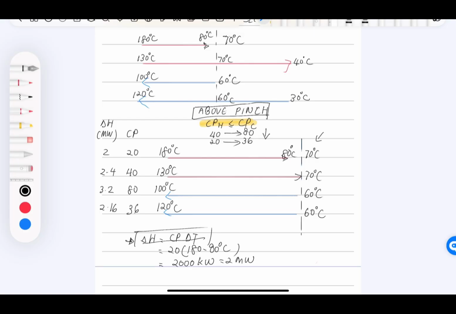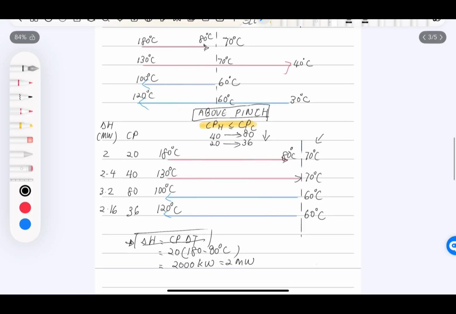So our first heat exchanger pairs 40 with 80. What is the duty of this heat exchanger? This stream requires 3.2 and this stream requires 2.4, so we put the heat exchanger duty as 2.4 megawatt. Now this stream can be ticked because it has already satisfied the duty of 2.4.